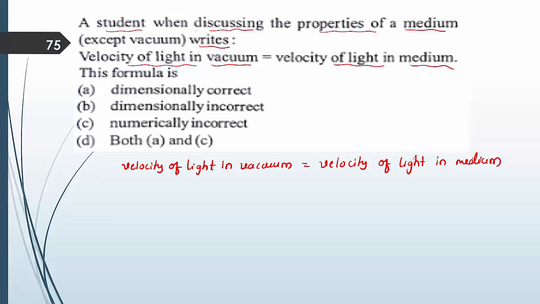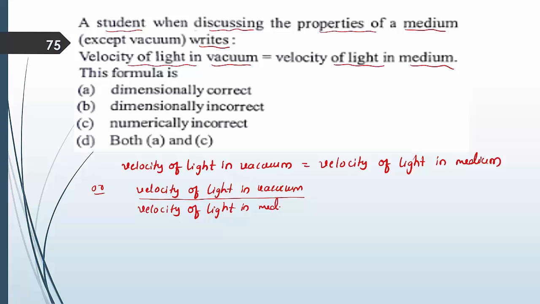So I am going to rewrite this equation: velocity of light in vacuum divided by velocity of light in medium. This RHS part, when we take it to the LHS side, it will go to the denominator, which is equal to 1. Now you can observe this formula is dimensionally correct as both the sides are dimensionless.